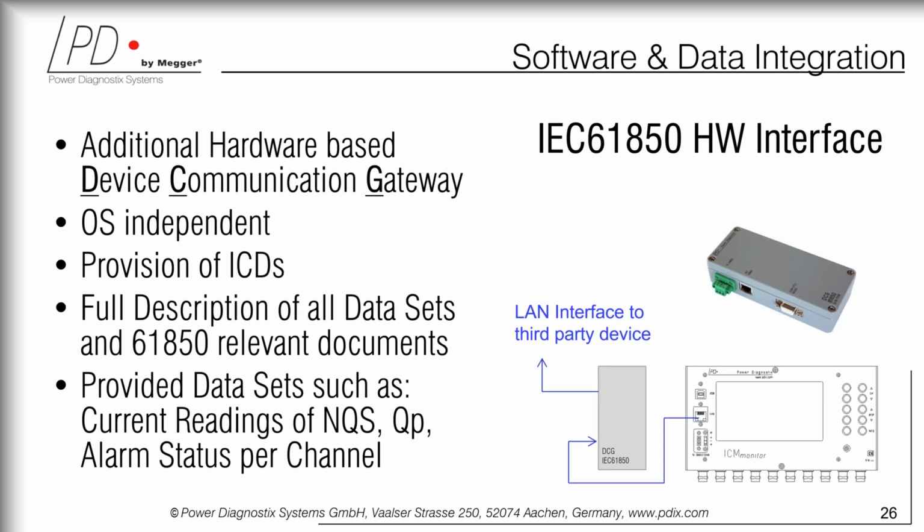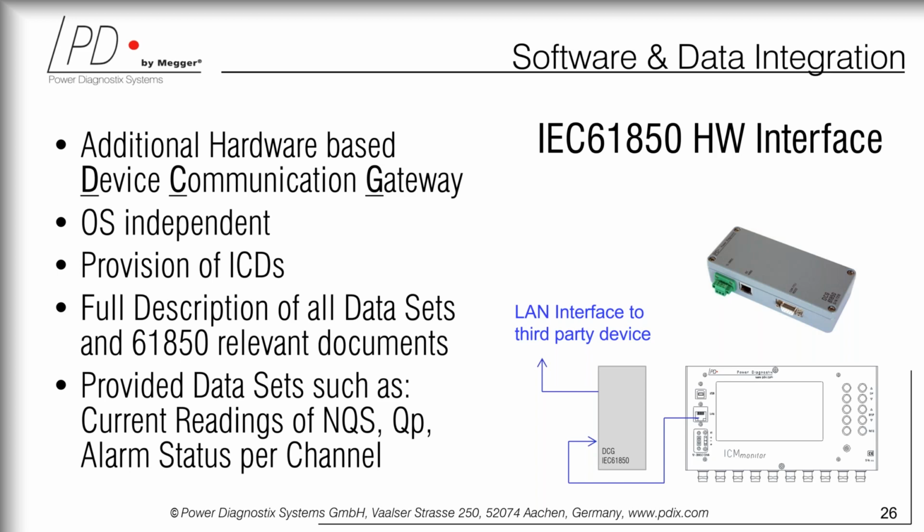It connects into the LAN port, and eventually it generates 61850 information. Some of the monitors you've seen have a dedicated 61850 port, which you can imagine embeds this DCG device, and this is just a matter of how compact they would like to see the device, and we will help with the order.